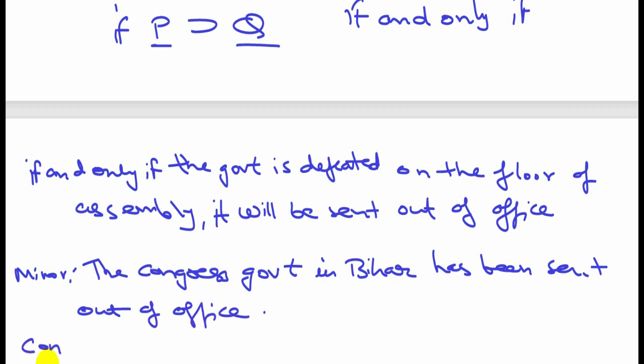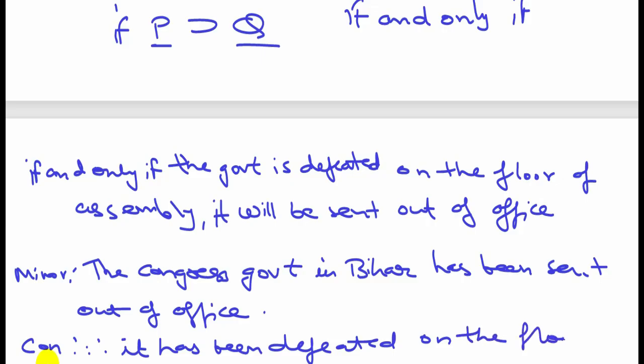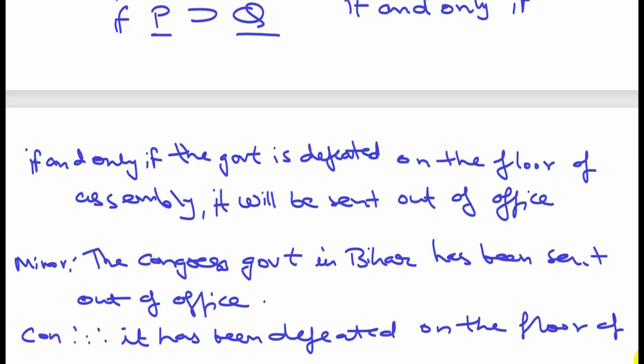And the conclusion comes, therefore, it has been defeated on the floor of assembly.